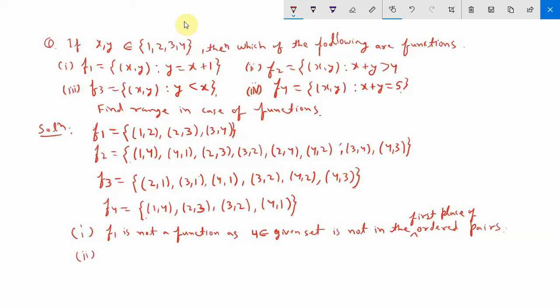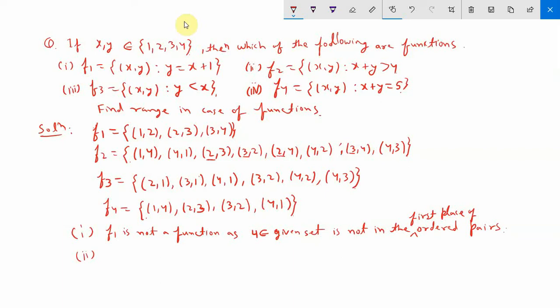Second one, if we see F2, for the same first element we are getting more than one image in set B. That is, for 2 we have 3 as an image, and for 2 also we have 4 as an image.